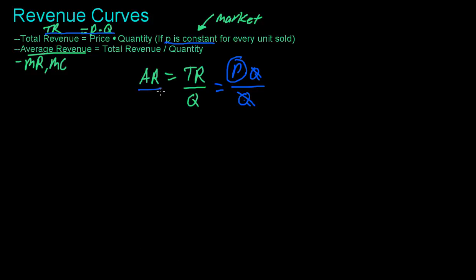Okay, so with that in place, now we're going to draw some revenue curves. And to do that, I think it's easiest to give a demand curve and go from there. And so we'll get all of these different relationships. So let's say that we're talking about the market for hamburgers. And let's say that I have my own little hamburger shop.